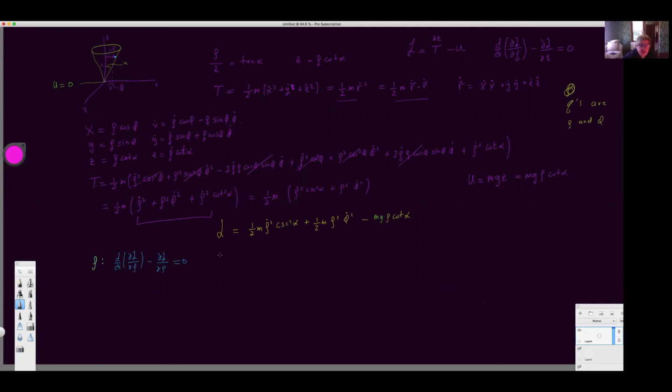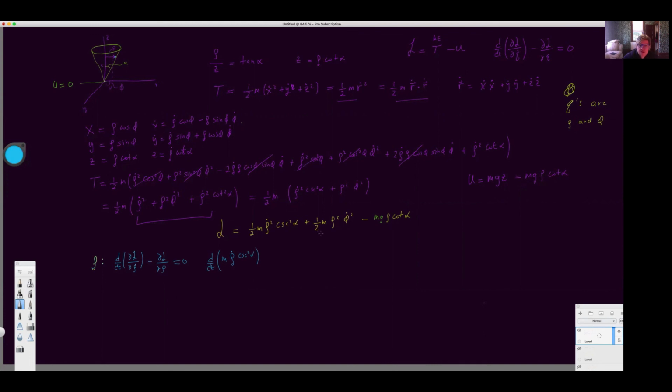So we're going to write down d/dt, oops, wrong color. Let's get back to our blue. Okay, so d/dt, and then the partial L partial rho dot: the 2 comes down and cancels that 2, and we just get m rho dot cosecant squared alpha. And then minus partial L partial rho.